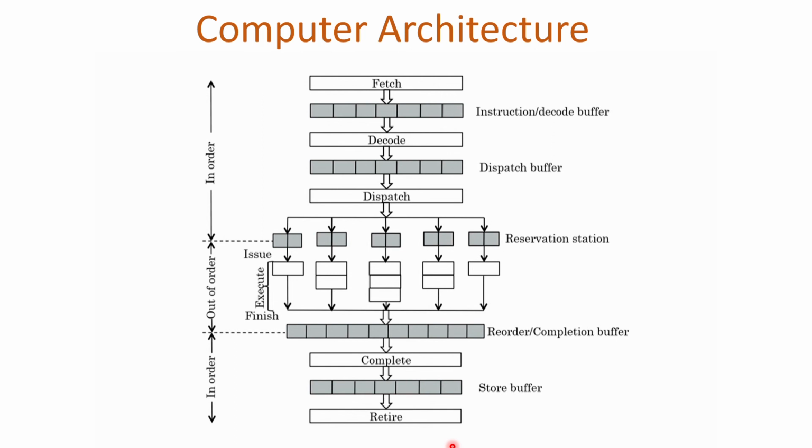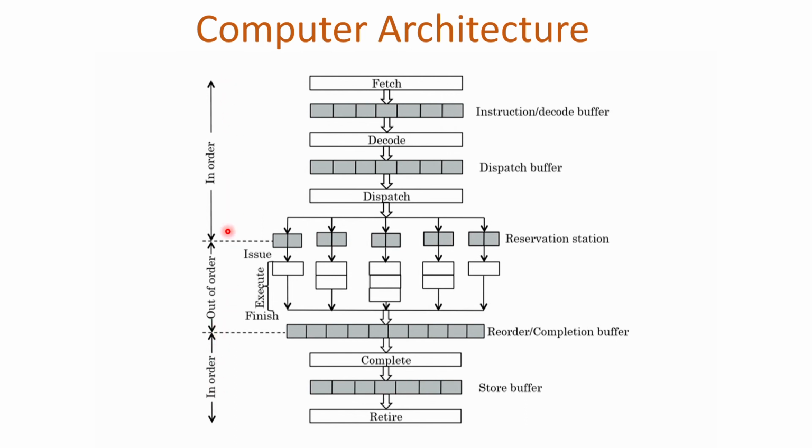Now if some hazard happens, I mean due to unavailability of data or unavailability of an instruction, this superscalar architecture is still capable of handling that, because we have different execution units and we have a place where I can reorder the results. So in this way there are basically three parts.